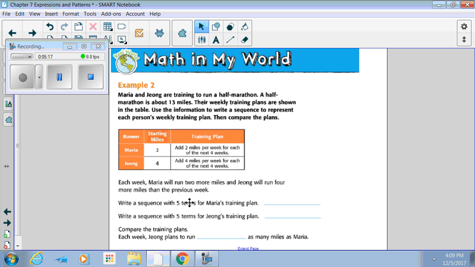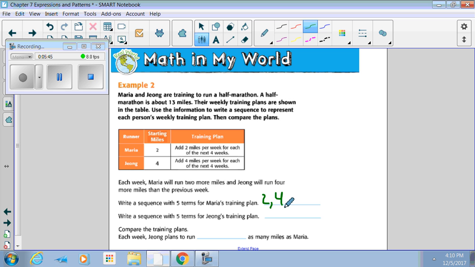Write a sequence with 5 terms for Maria's training plan. So here, again, when I look back up at the table, I see that she's starting at 2. So that is where my sequence needs to start. I put a comma to separate the terms. Next, I see that she's adding 2 miles per week. So, okay, what's 2 plus 2? 4.